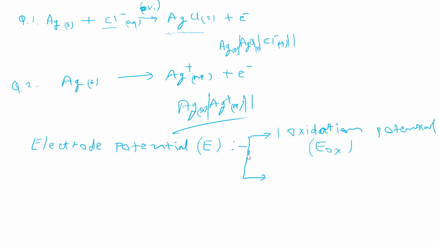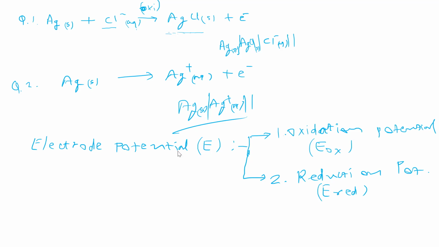And type number two is known as reduction potential, and reduction potential is mentioned as E reduction.